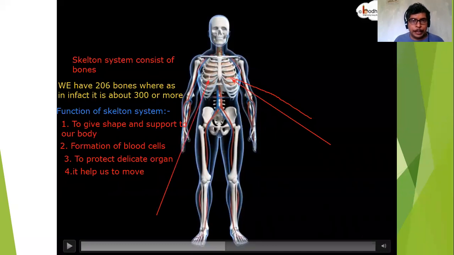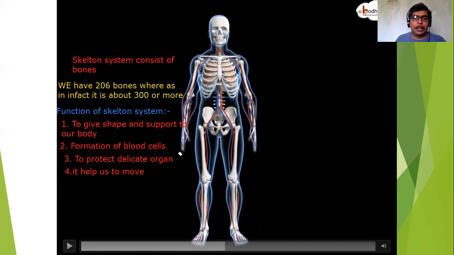This is also a lung inside the rib cage, right? So what is the function of the rib cage? The rib cage, the part of the skeleton system, protects the lungs and heart.